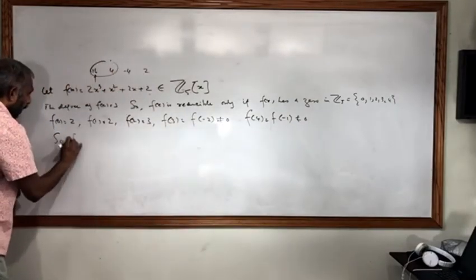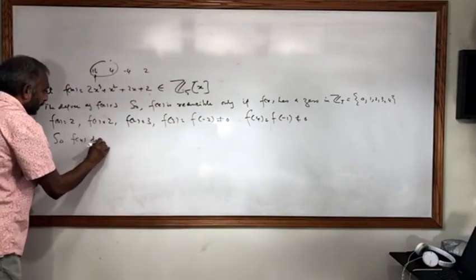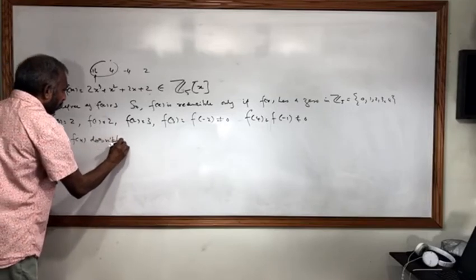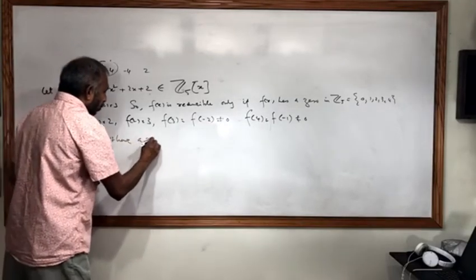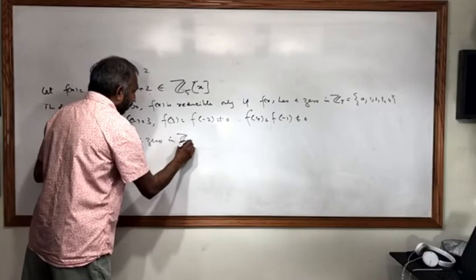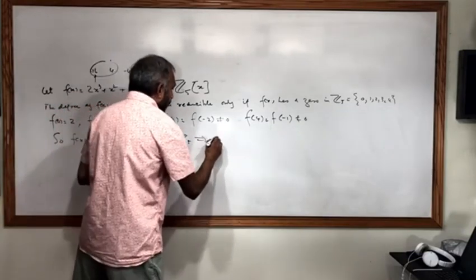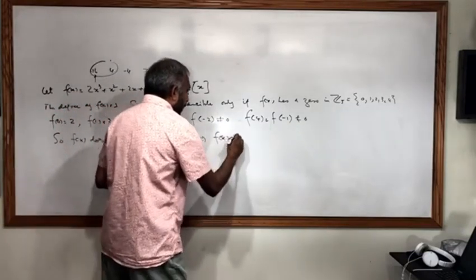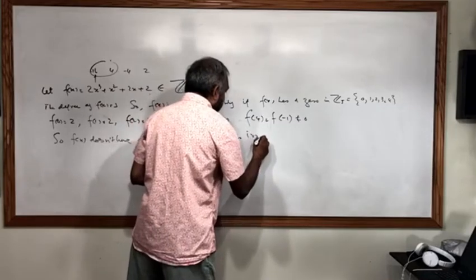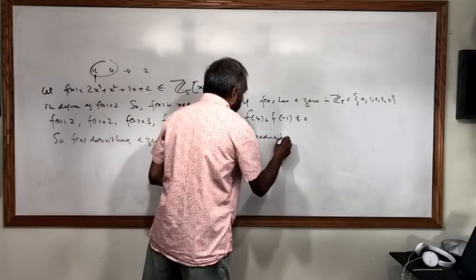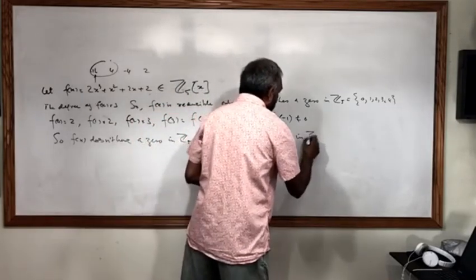So f(x) does not have a 0 in Z5, which implies f(x) is irreducible in Z5[x].